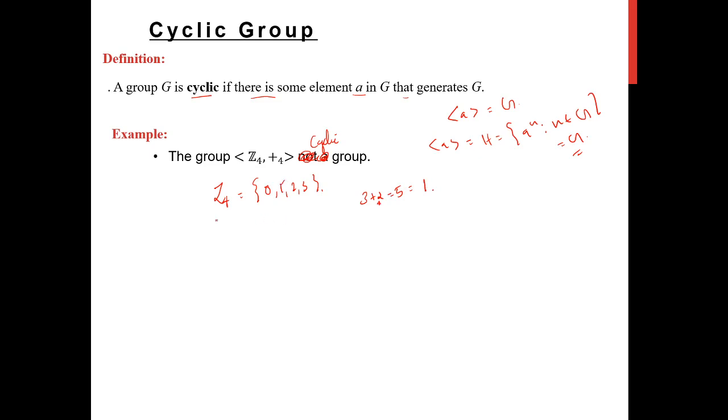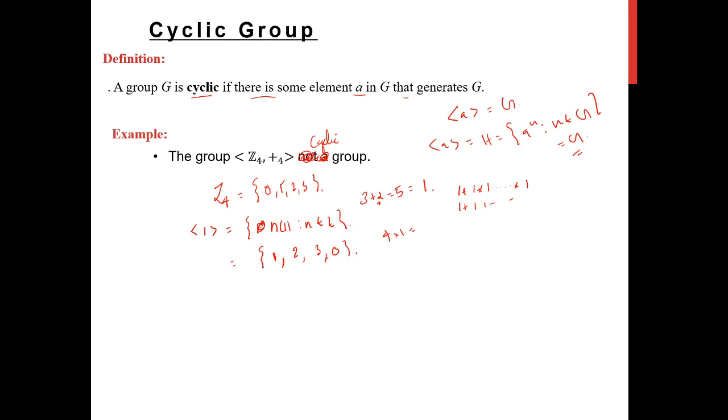Similarly, if I take the set of 1 raised to n, that means 1 star 1 star 1, and so on. That is 1 plus 1 plus 1, so you can write it as n times 1, where n belongs to Z. So we will get 1 times 1 is 1, 2 times 1 is 2, 3 times 1 is 3, 4 times 1 is 0 when divided by 4.